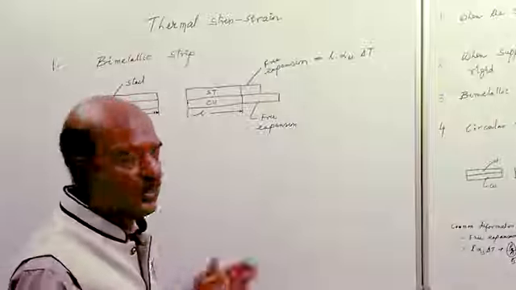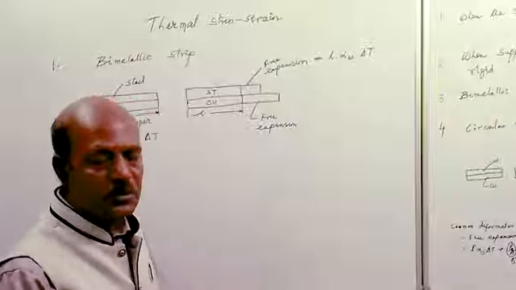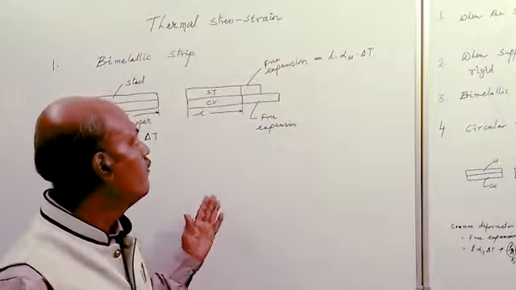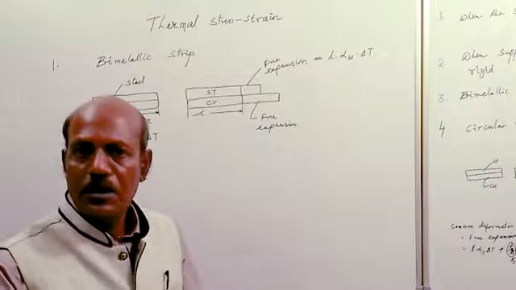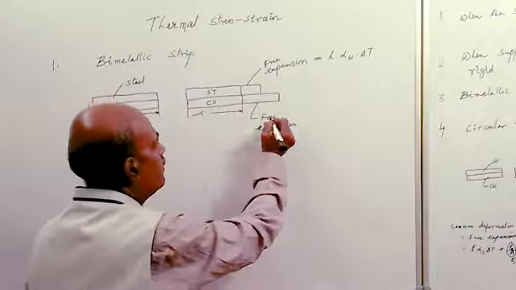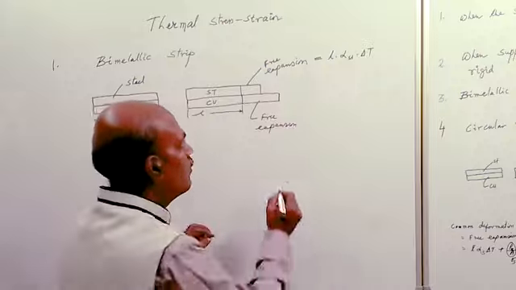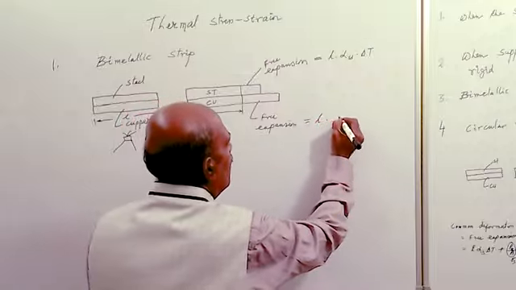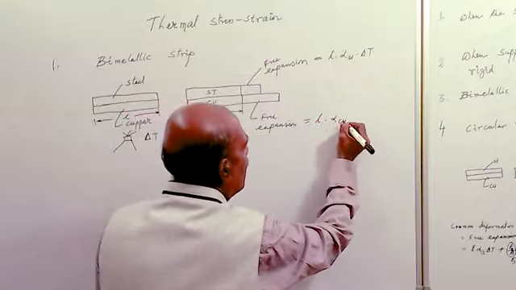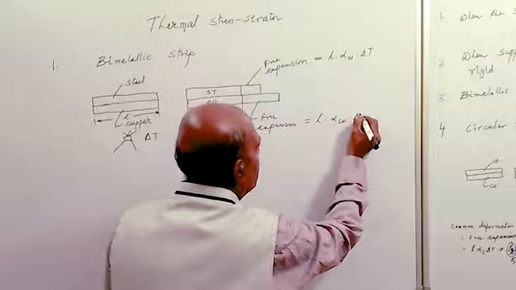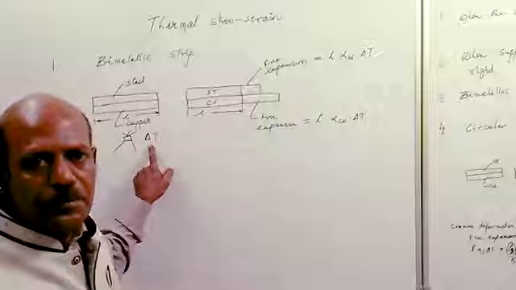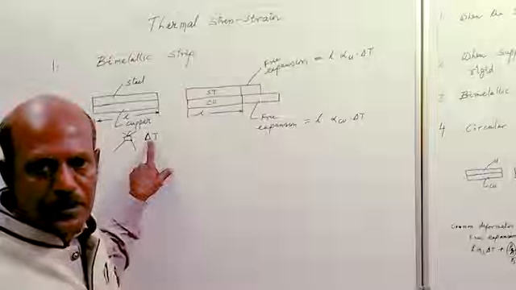So L into alpha steel into delta T is the free expansion of the steel bar. The free expansion of the copper bar is given by L into alpha copper into delta T. This free expansion takes place because the temperature difference delta T is created.